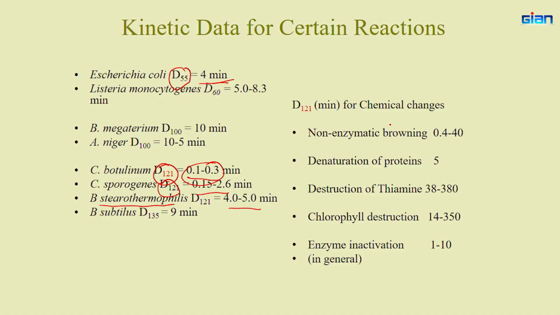On the other side, you look at the chemical changes. For example, denaturation of proteins 5 minutes, whereas chlorophyll destruction is going to take even longer, 14 to 350 minutes, or 1 to 10 minutes and so on. One thing you will probably see here is that at the same temperature, at 121, the microbes are more heat sensitive, or more easily inactivated, compared to your nutrients.